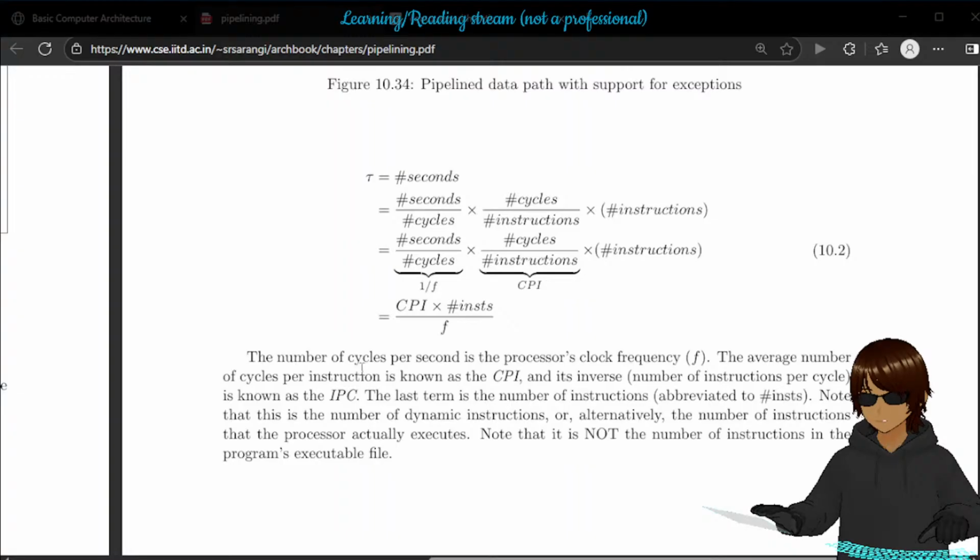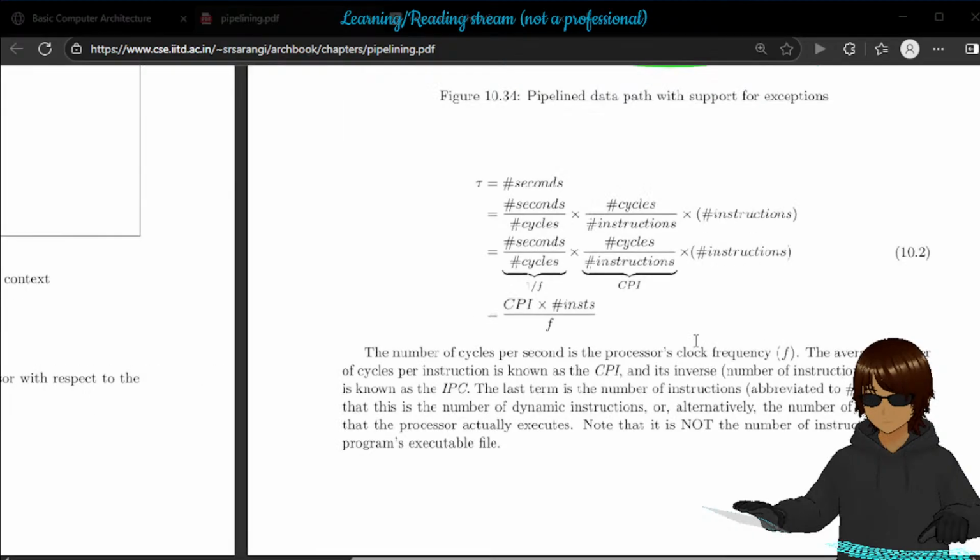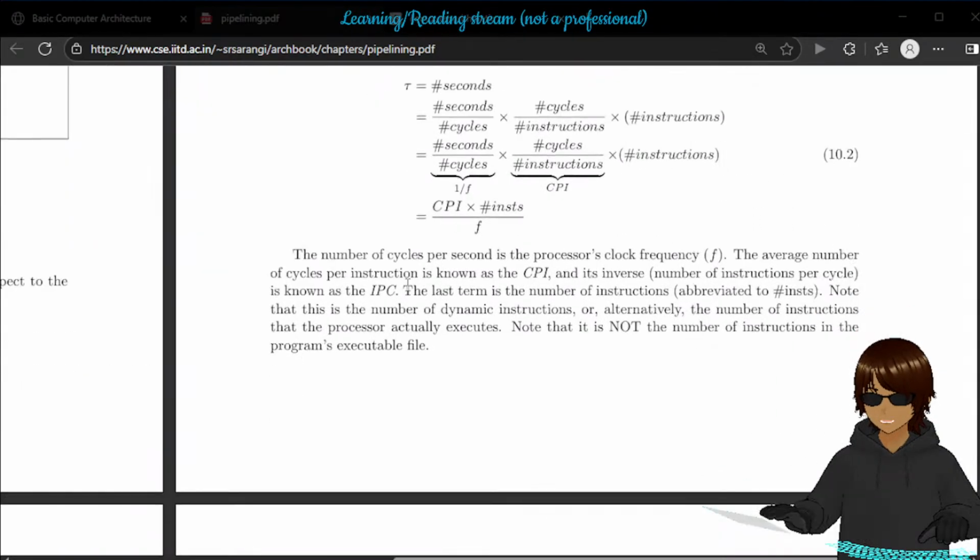The number of cycles per second is the processor's clock frequency. The average number of cycles per instruction is known as the CPI, and its inverse, the number of instructions per cycle, is known as the IPC. The last term is the number of instructions.